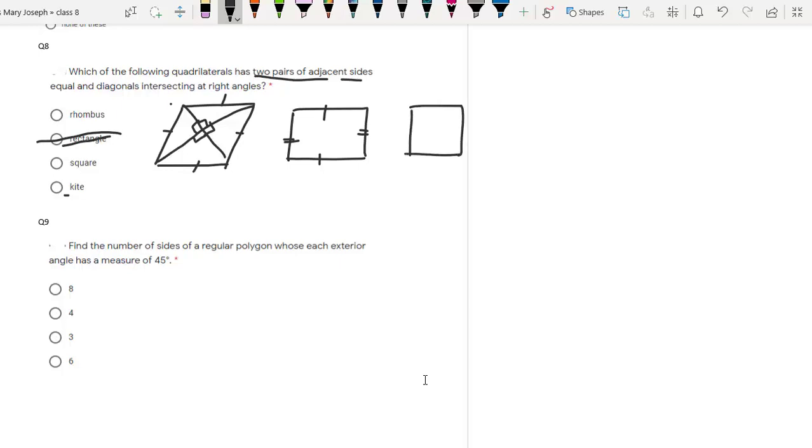In square also all sides are equal and diagonals bisect each other at right angle. Then fourth is kite.